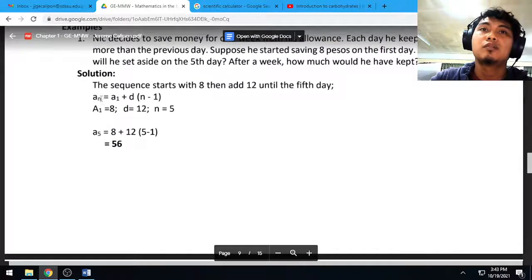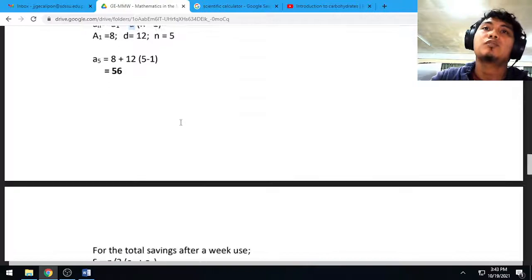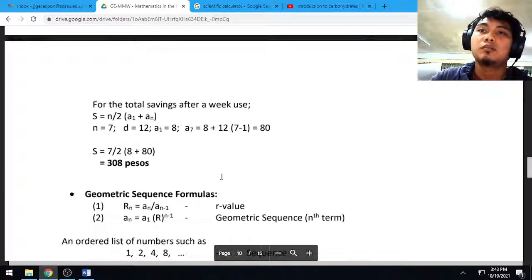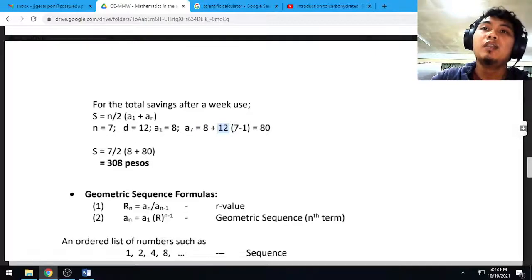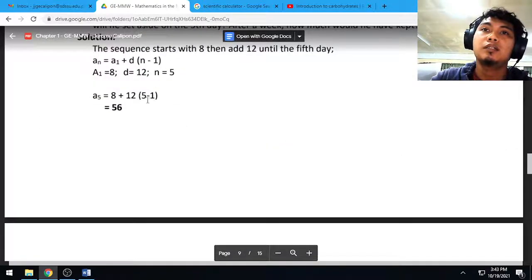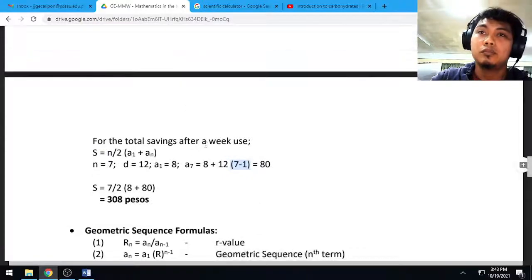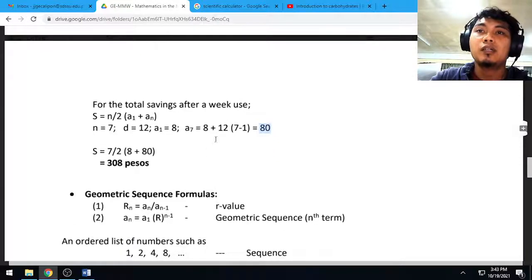Ito: AN equals A1 plus D times N minus 1. Susulat lang natin ulit: 8 plus 12. Now, yung N ngayon, hindi na 5, kasi 1 week na yung range niya, so 7 na yan diyan, minus 1. Equals 80. Kung lalagay mo sa calculator, equivalent niya is 80.